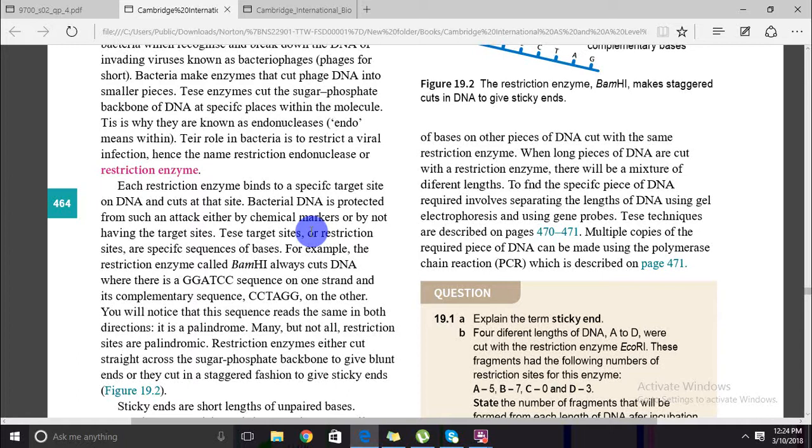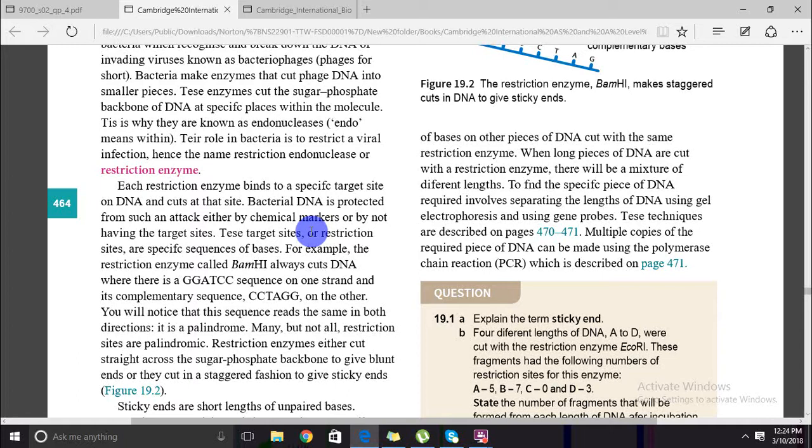If you were to draw a double-stranded DNA, and somewhere in the middle we have this sequence which is G, G, A, T, C, C, and right in front of it we have C, C, T, A, G, G.